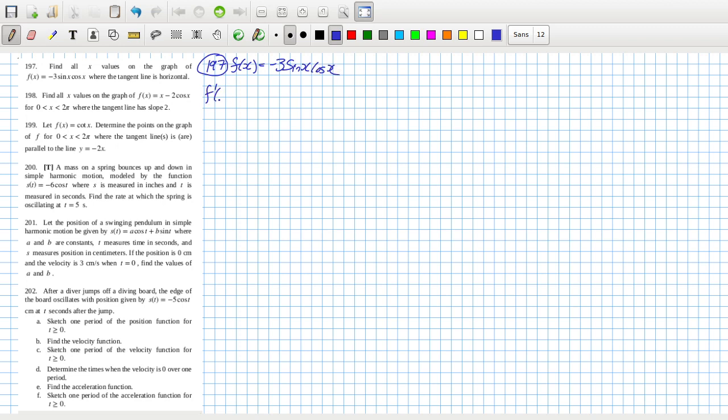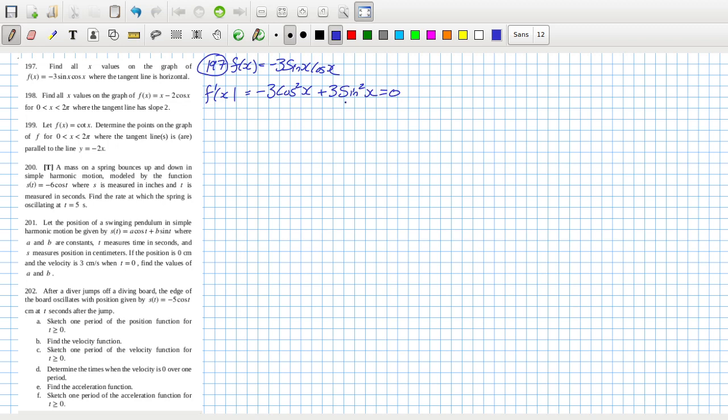So the derivative of sine is cos, so it's minus 3 cos squared x. And then the derivative of cos is minus sine, plus 3 sine squared x. And you want that to equal 0.